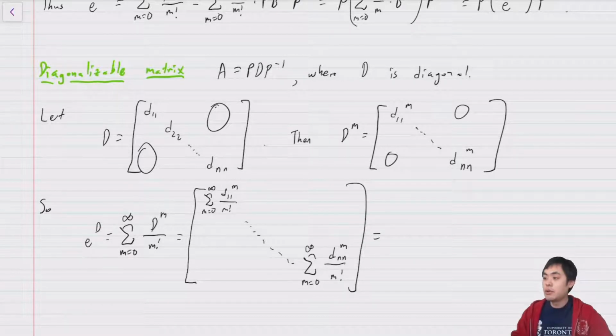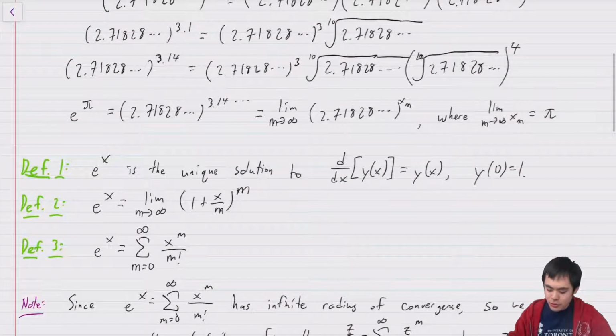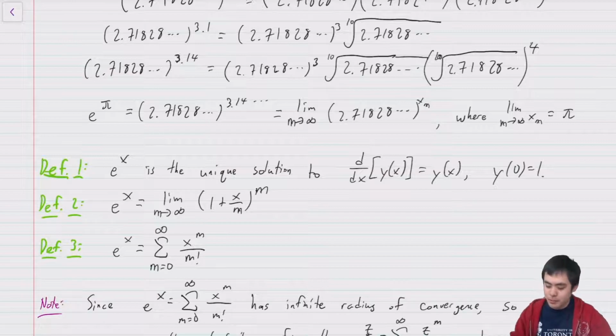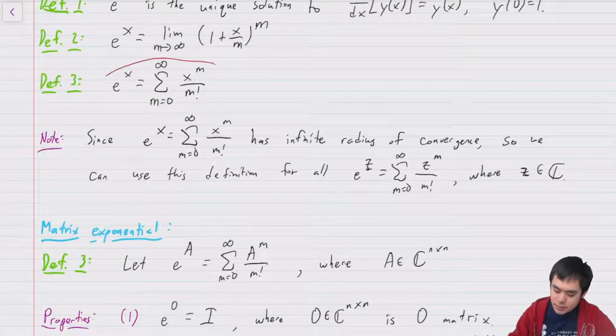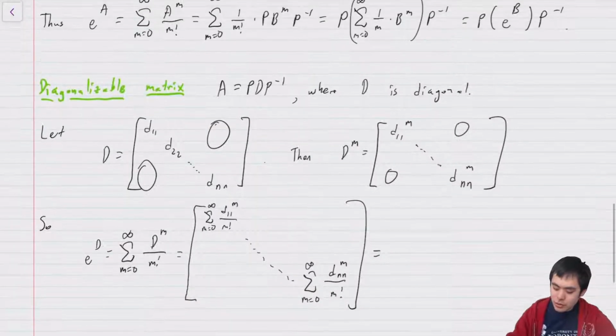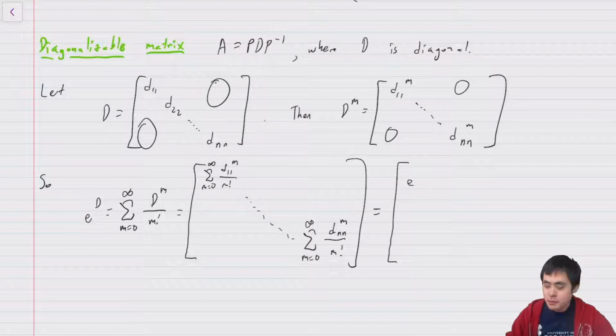And of course, using the ordinary Taylor series definition, so the one back here, for just a real or complex number, so that's this one here. Using that definition, you end up getting that this is just the diagonal matrix with e to the D11, e to the D22, all the way through e to the DNN.